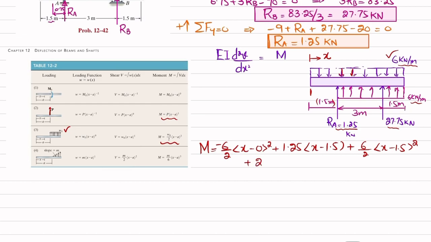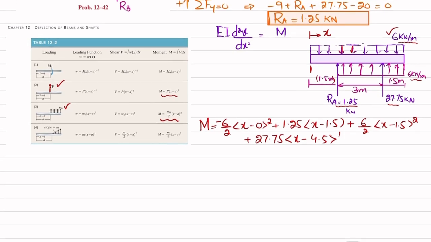So plus 27.75. Why plus? Because you can see force is upward, so moment function will be positive, into X minus. Now A will be equal to this distance. This is A for this load. This is A, and this A is 4.5. So I will write X minus 4.5 power 1.